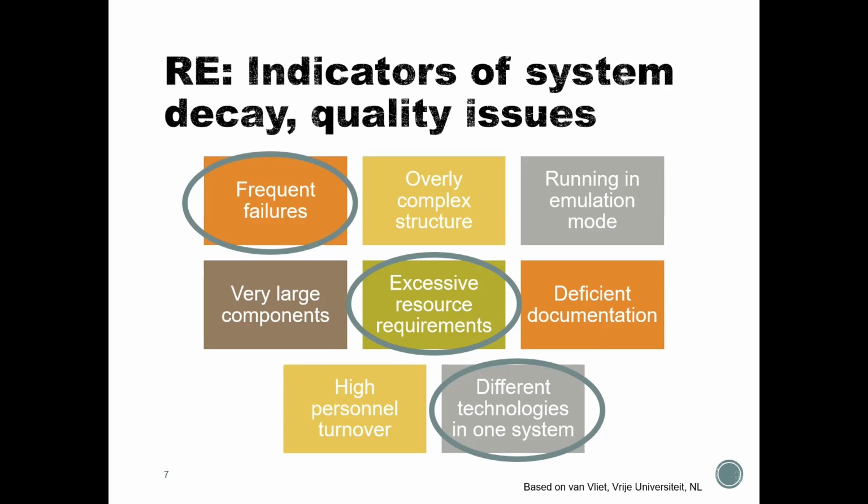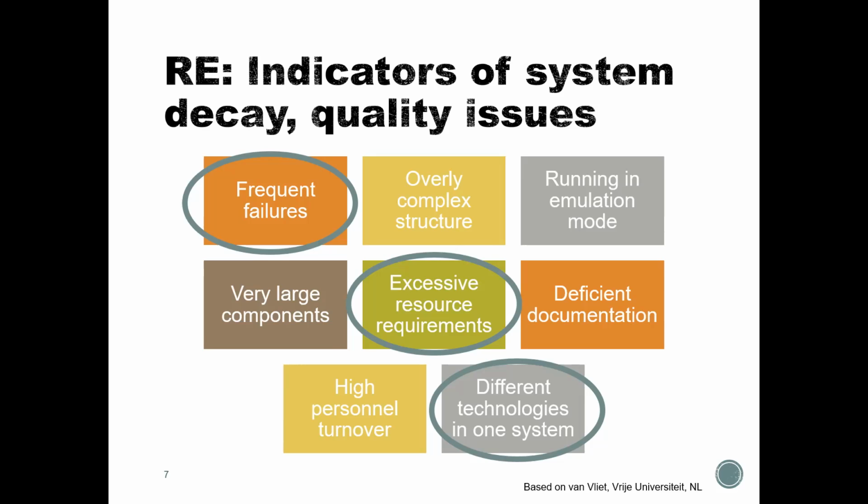And when you are trying to upgrade the software, it may happen that because of this upgrade, other components may stop working, and finally when the customer is using the entire software again, different components are not working properly because of the new functionality we have added. There are multiple other reasons why frequent failures happen, but this is one example which comes under quality issue. And then there is excessive resource requirement.